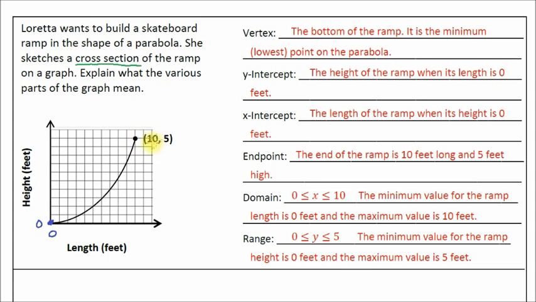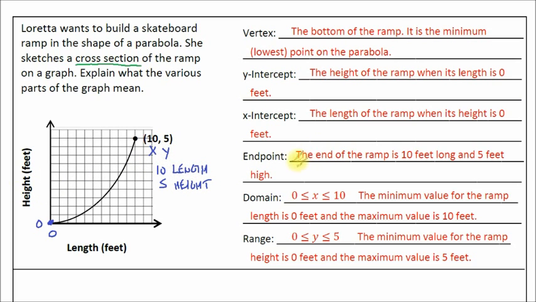All right, what does the endpoint tell you? Here's our endpoint at 10, 5. Now take a look at this. 10 is the x value. 5 is the y value. That means that 10 is telling you the length, and 5 is telling you the height, because the y-axis is telling you height and the x-axis is telling you length.